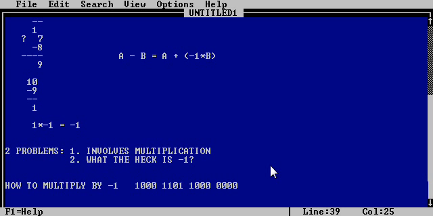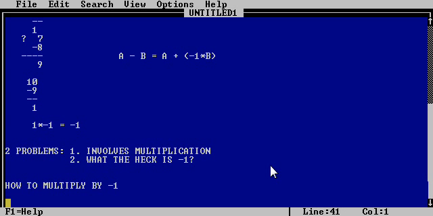That's not the way it's done, and there's a definite reason for that, and I'll leave that as a puzzle for you. That's the way a human being might think about negative numbers, like this is just a minus sign. But the computer does not like that way of doing things. And here, when I tell you how to multiply by minus 1, you'll see why.